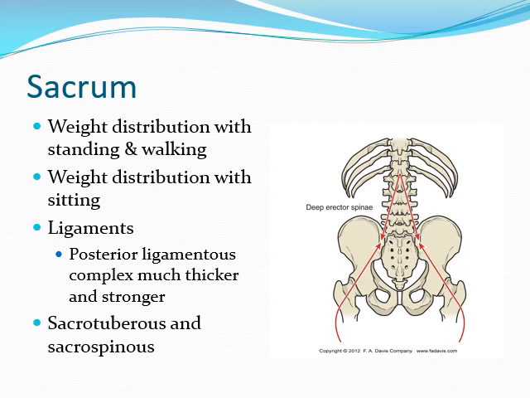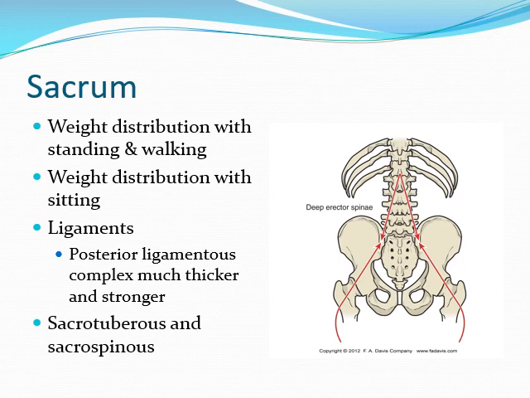That's going to help to stabilize that region. Now, the weight distribution with sitting is obviously a little different because now you're going to have more direct pressure on certain areas. When you're seated, you're going to have more pressure through the pubic symphysis and the ischial tuberosities because of sitting on your chair or surface.